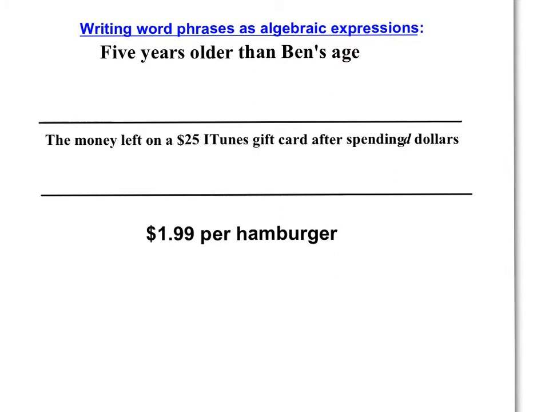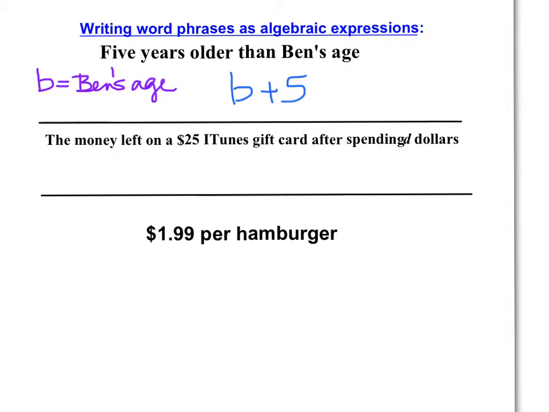So we can use any variable, and let's do B for Ben's age. I don't know what his age is, but I know it's 5 years older. So think about it. 5 years older is more than that, which means you want to add. So it's going to be whatever Ben's age is, and we want to add 5. That represents 5 years older than Ben's age.